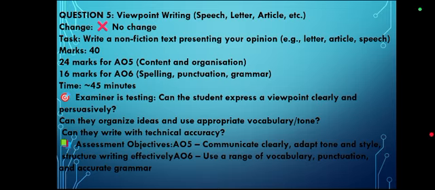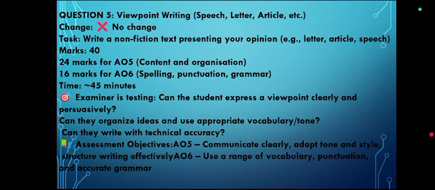What is the examiner going to be testing? The examiner is going to be testing your ability to express a viewpoint clearly and persuasively. They will also test your organization of ideas and use of appropriate vocabulary and tone, as well as your technical accuracy.